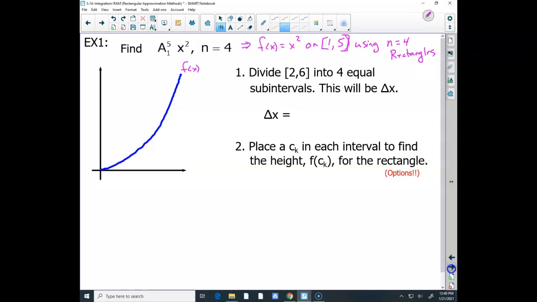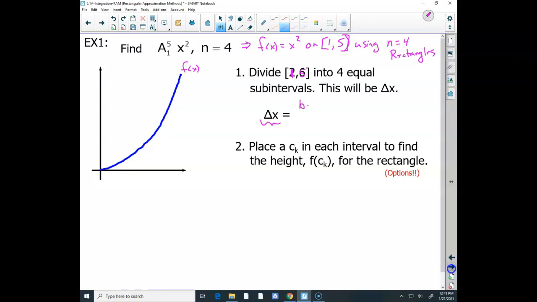Okay? And as I go through here, my delta x is going to be found the same way each time. Hopefully your notes say 1 and 5 and not 2 and 6. If not, change them to 1 and 5 into 4 equal intervals.